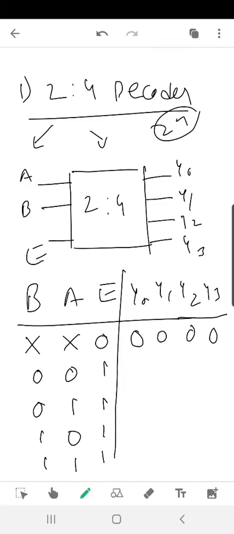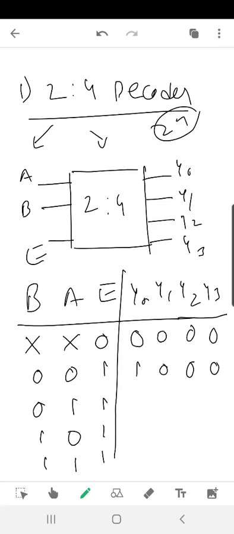Now we will talk about output. When our enable signal is 1 and the value of both A and B is 0, we will get output at y0. Our y0 will be 1 and the remaining outputs will be 0. y0 is 1 means that y0 will be selected and the output will be obtained at y0 only. Why is y0 selected?